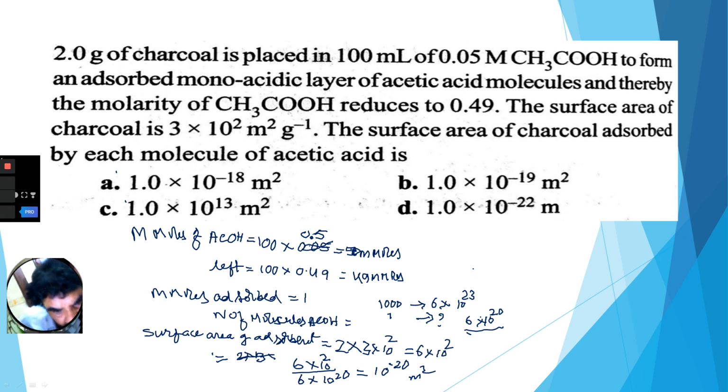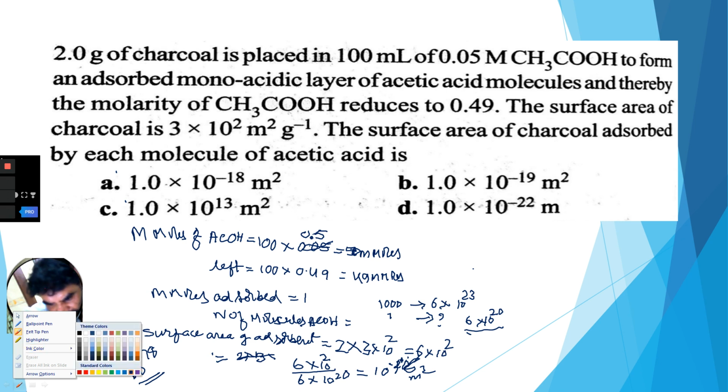This is 18, sorry. This is 10 to the power of minus 18. This is the answer. Meter square is the unit, the area covered by each one.